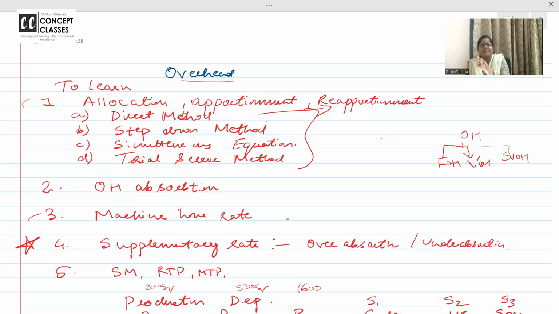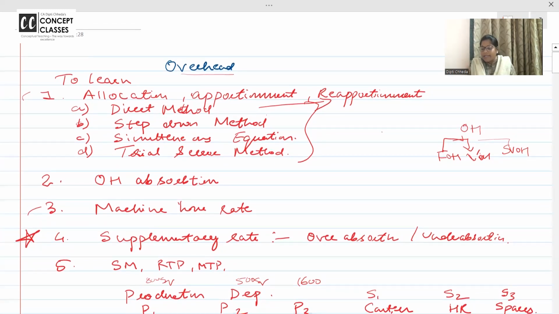Change in cost is only because of the variable element, correct or not? Because fixed cost is constant at any level. Whether you work at 50% or 80%, your fixed cost is constant. Change in cost divided by change in units into 100 will give you the variable cost per unit in the semi-variable overhead. Clear to all of you, right?